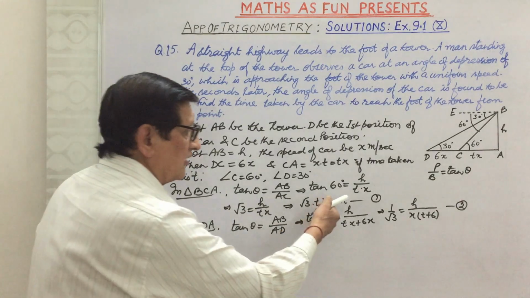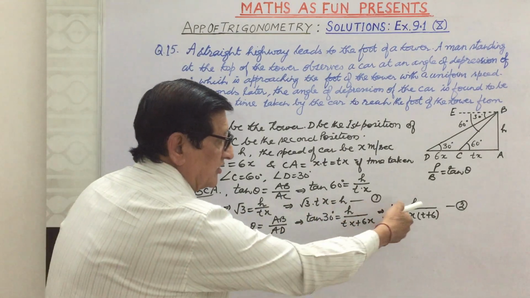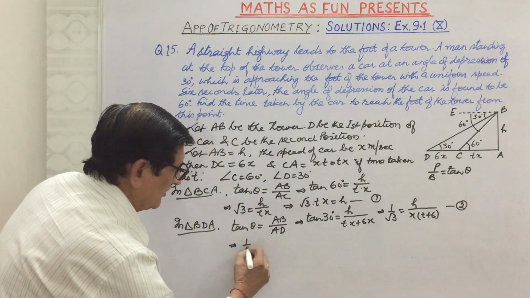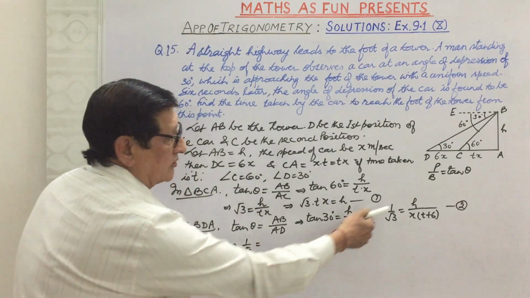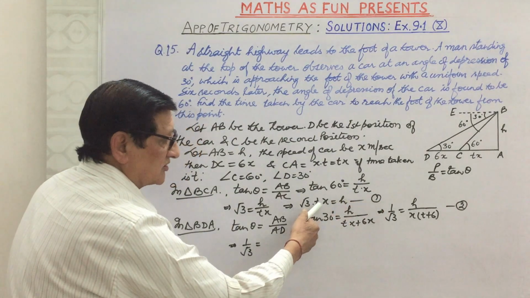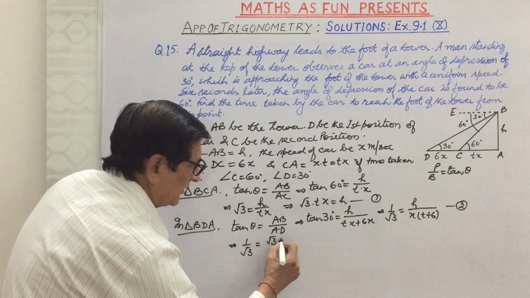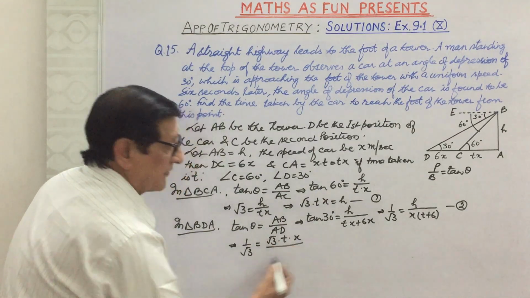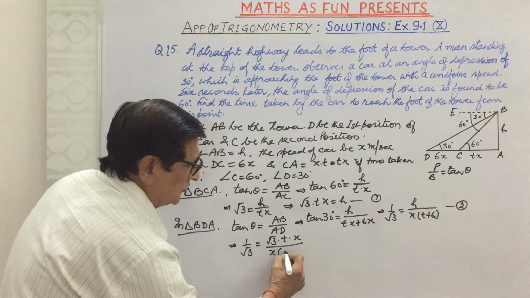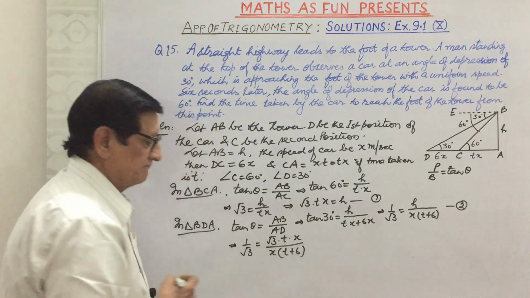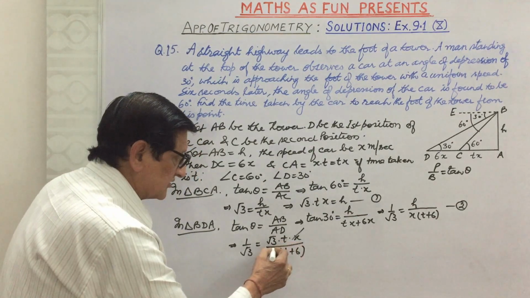If we substitute the value of h from equation number 1 in 2, what we will get here? 1 upon root 3 is equal to h means this is root 3 into t into x upon x into t plus 6. Here x cancels x.